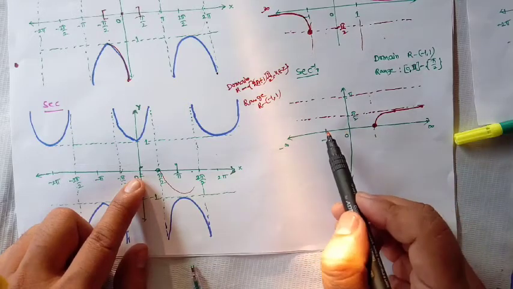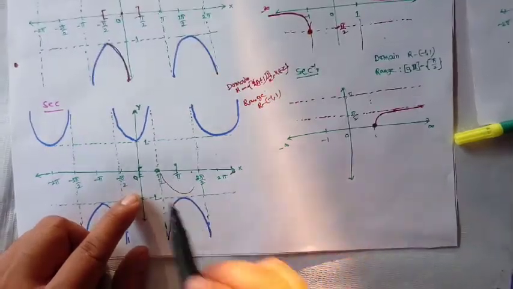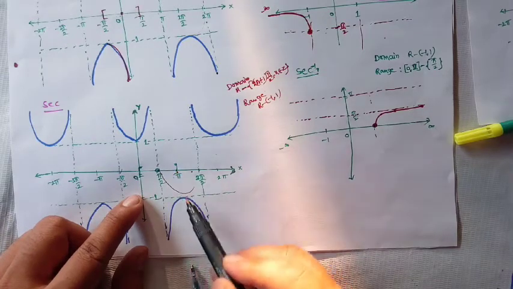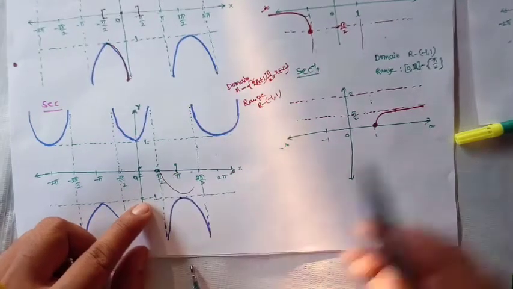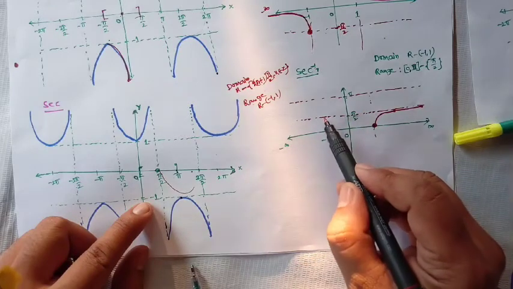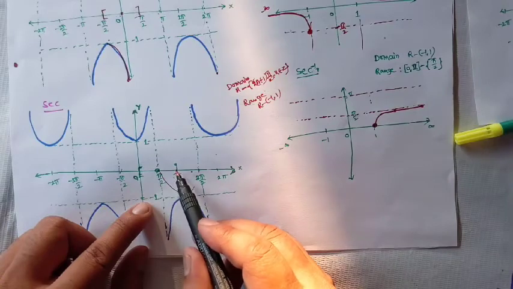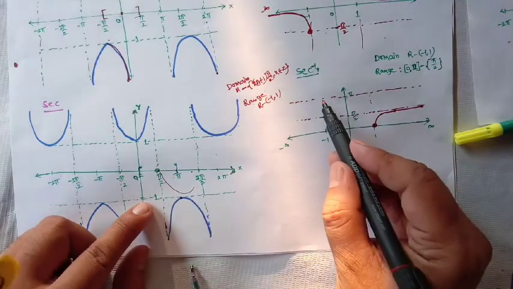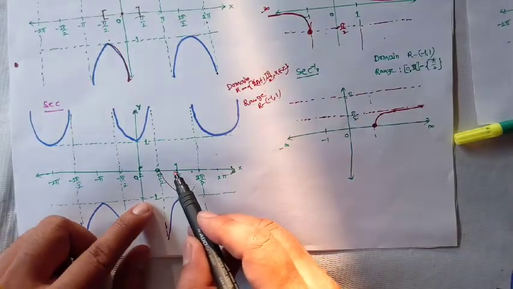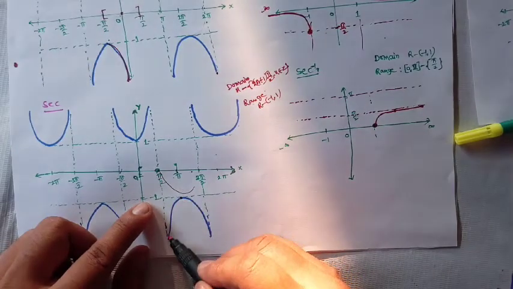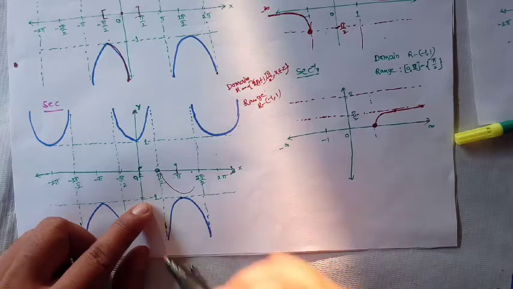Now coming in this manner, minus 1: secant pi is minus 1, so at minus 1 it takes the value pi, and when it is approaching pi by 2 it is going to minus infinity.